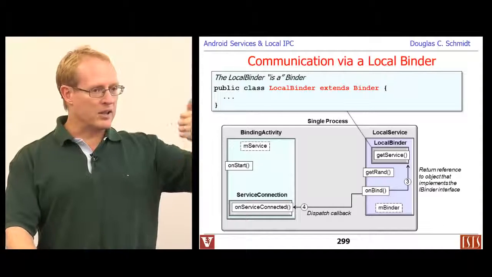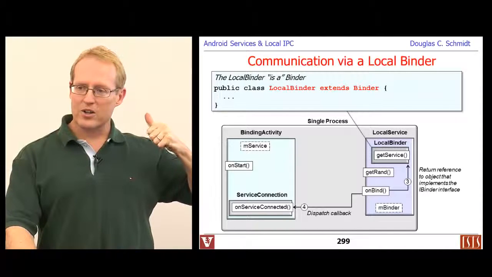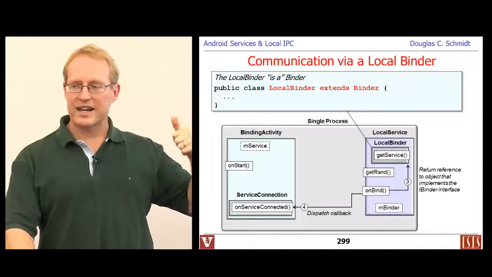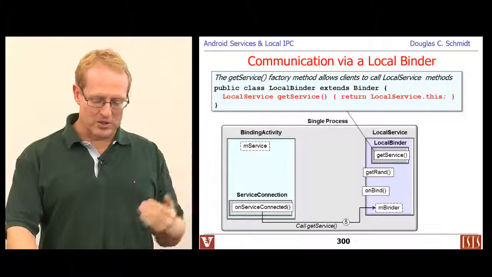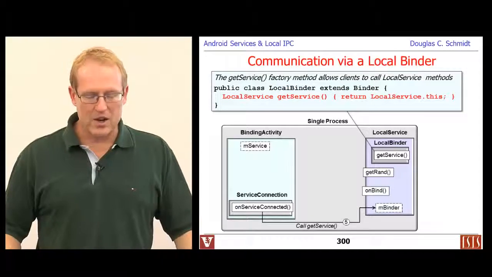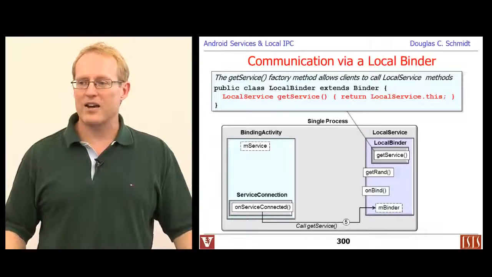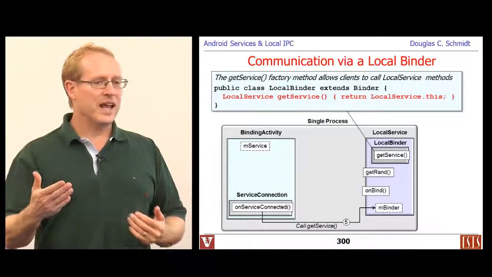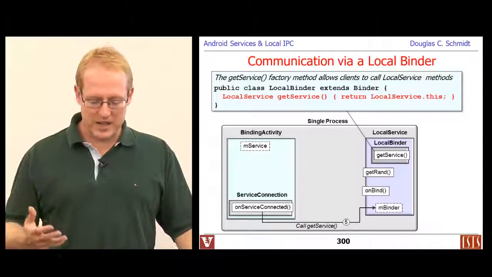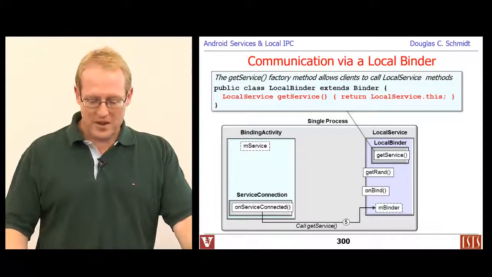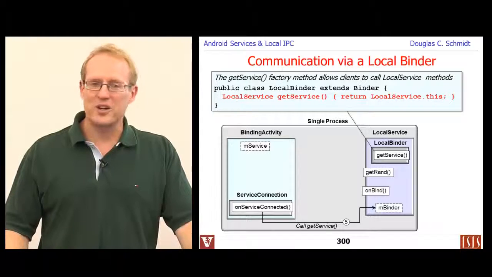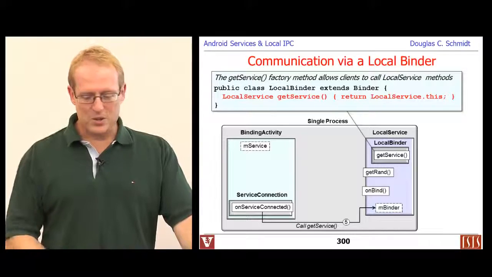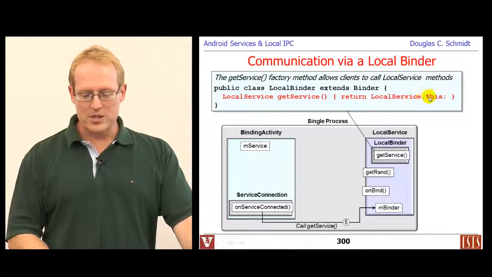And this LocalBinder gets sent back by a call to onServiceConnected. We'll see later when we look at the code that onServiceConnected is going to turn around and call back to the binder, and the binder object in this case is going to have a method called getService. It's going to return the reference to the enclosing service.